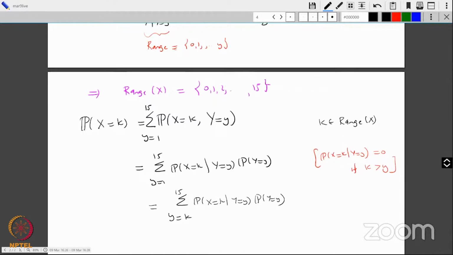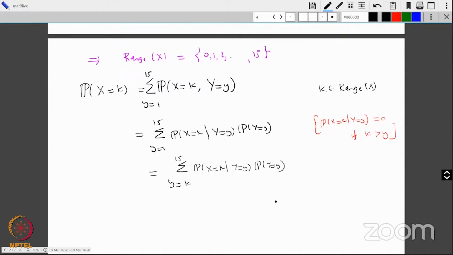Now, probability y equal to y is easy. That's just 1 over 15, since it's uniform. Is the probability of x equal to k given y equal to y also easy? You're going to have y tosses and you want k heads, so you have y choose k, and then 1/2 to the power of k for the heads and 1/2 to the power of y minus k.